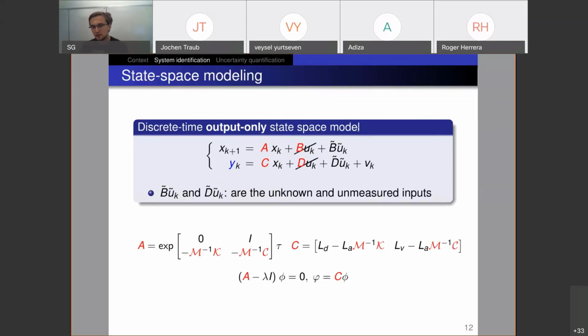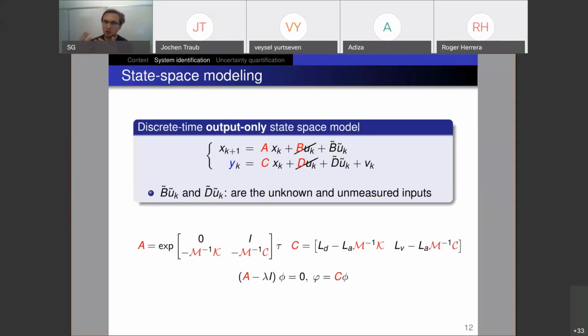All inputs are unknown and unmeasured, so the terms BU and DU disappear and go to B tilde U tilde and D tilde U tilde. So this is the discrete time output-only state space model. And here we can see that the state matrix A and observation matrix C directly relate to the properties of our physical system, which are mass, stiffness, and damping.